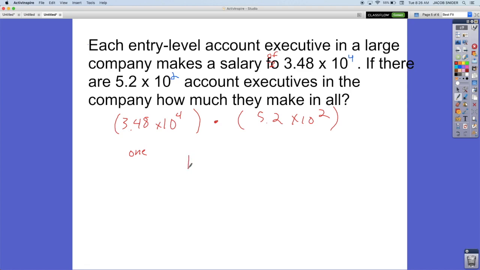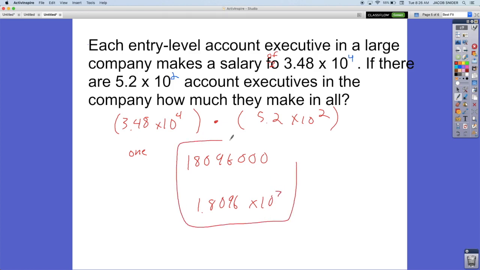Okay, you could put 1809600. Or if you wanted to write it in scientific notation, it would look like this. 1.8096. Count how many times? 1, 2, 3, 4, 5, 6, 7. I don't know, it doesn't really save me much time. But those are the answers that I have there. Okay?